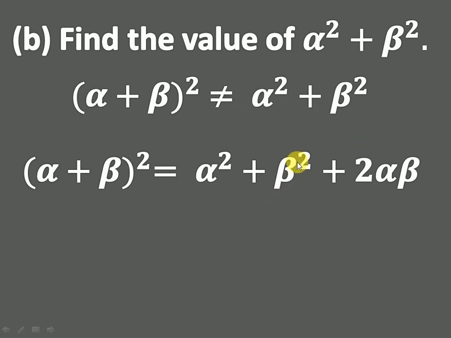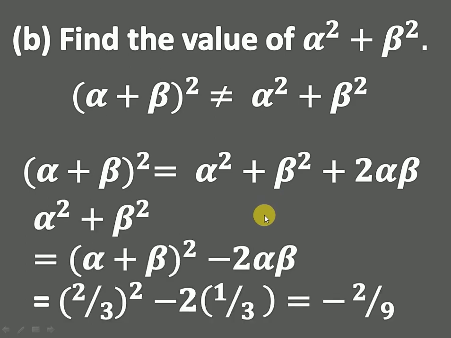Let's observe other components of this equation. Have we already found alpha plus beta? Have we perhaps also found alpha beta? The answer is yes, in the previous part of this question. As a result, we can use the result to find alpha square plus beta square. After some simple manipulation, that gives us the following.